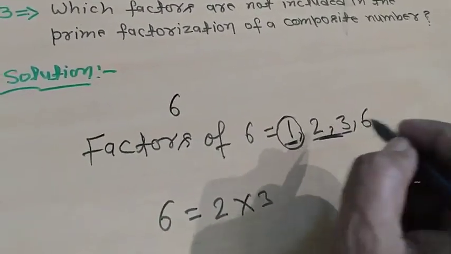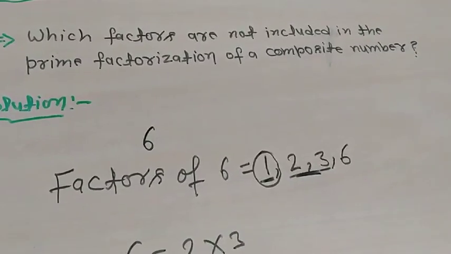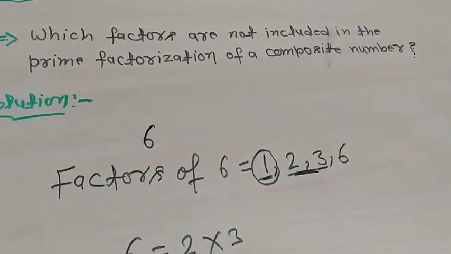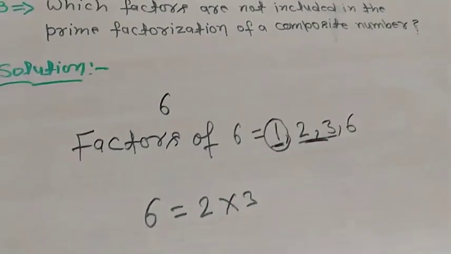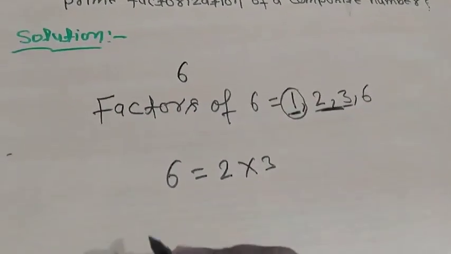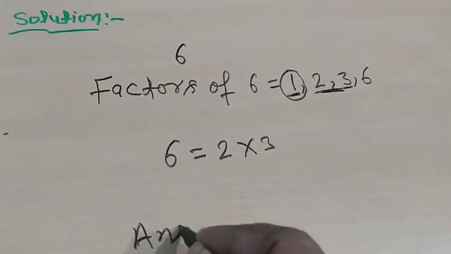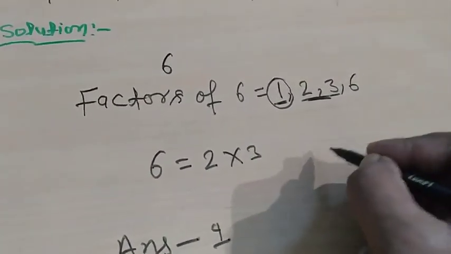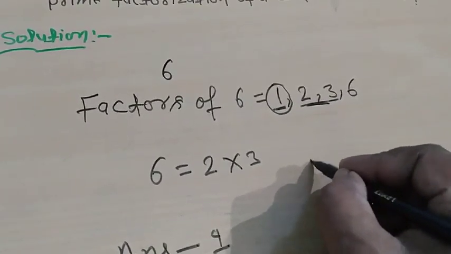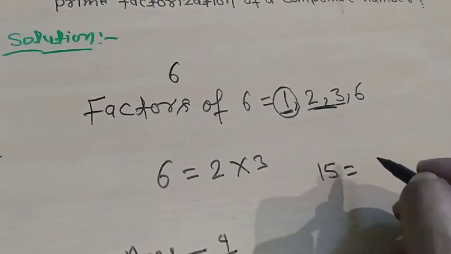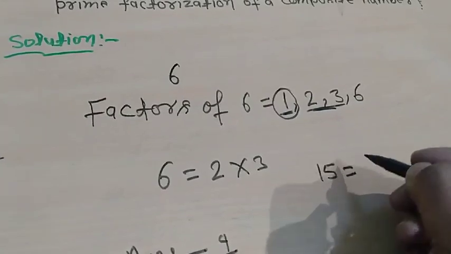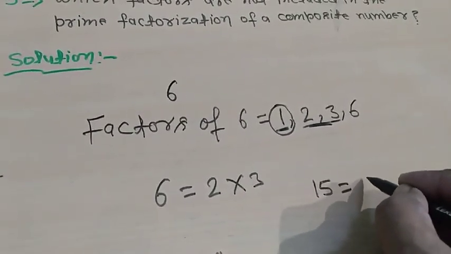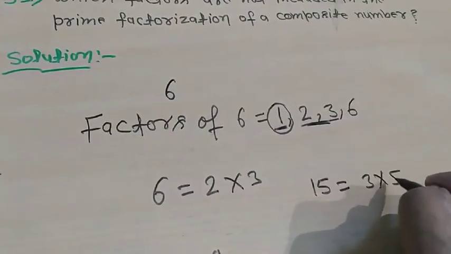So 1 is the factor that is not included in the prime factorization of the composite number. Okay, so the answer is 1. So our answer is 1. Okay, if you take another composite number, you take 15. So 15 we can write as the product of prime numbers 3 into 5.